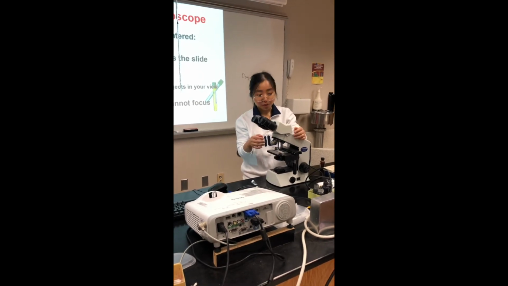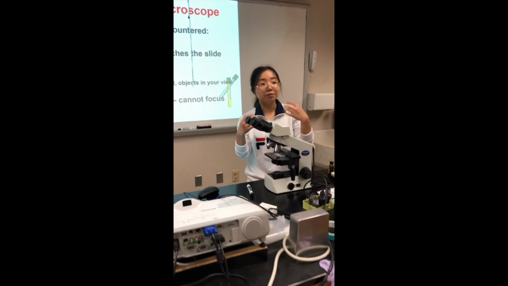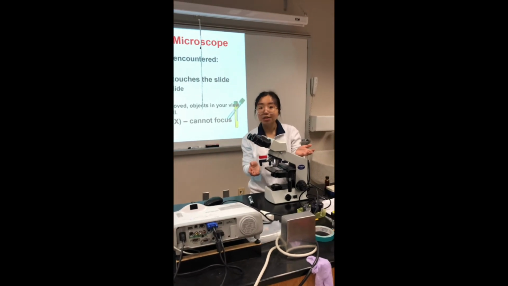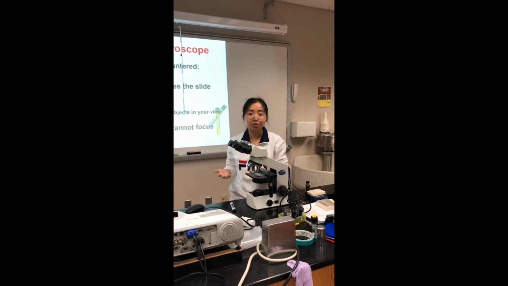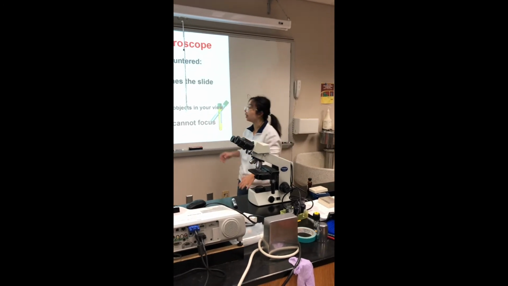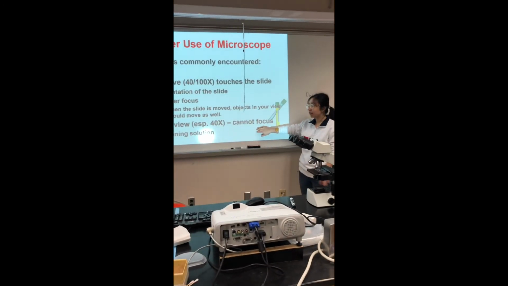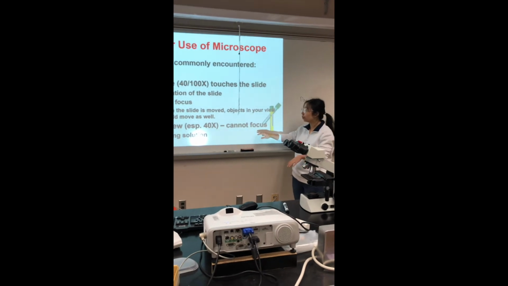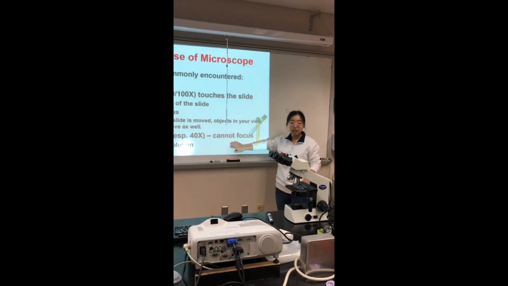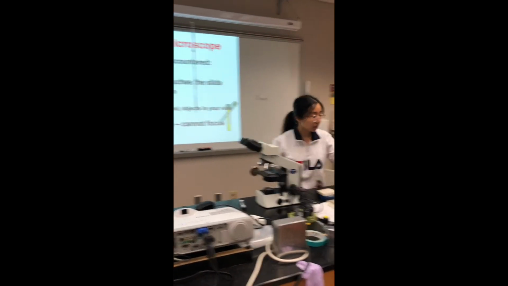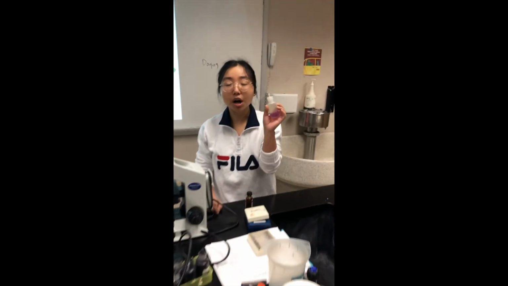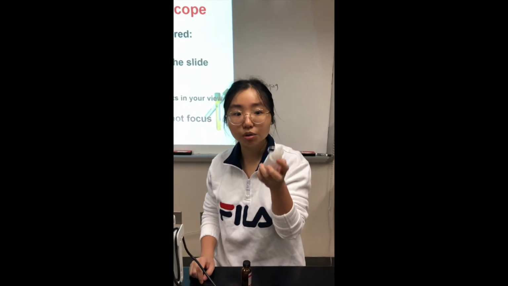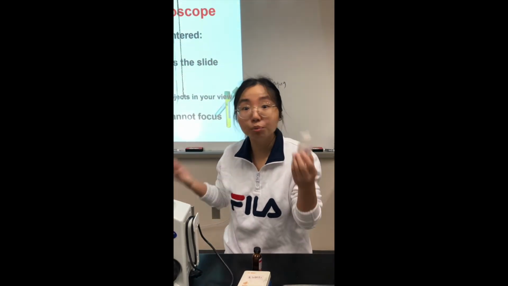Sometimes after they finish using 100 times, they go back to 40 times and accidentally get oil on it, and this is not allowed. The 40 times is not supposed to touch the oil, so you want to use a cleaning solution. This is our cleaning solution, because we use oil for our 100 times objective lens, so you want to have something to remove the oil.